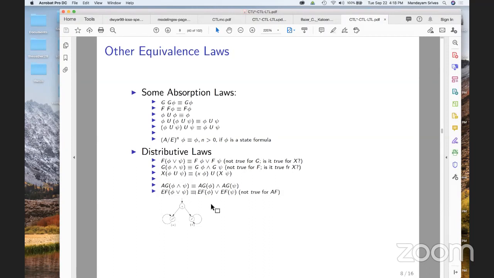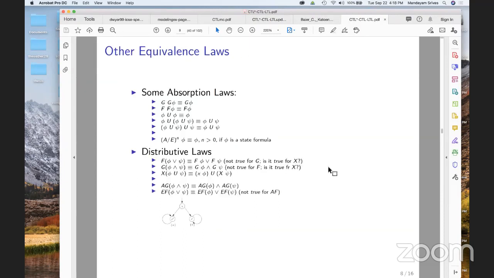If you have phi or psi, then one side will be true, but the other side will not be true. So you have to be careful when you put the quantifiers around these temporal operators, and some of them will not carry through.